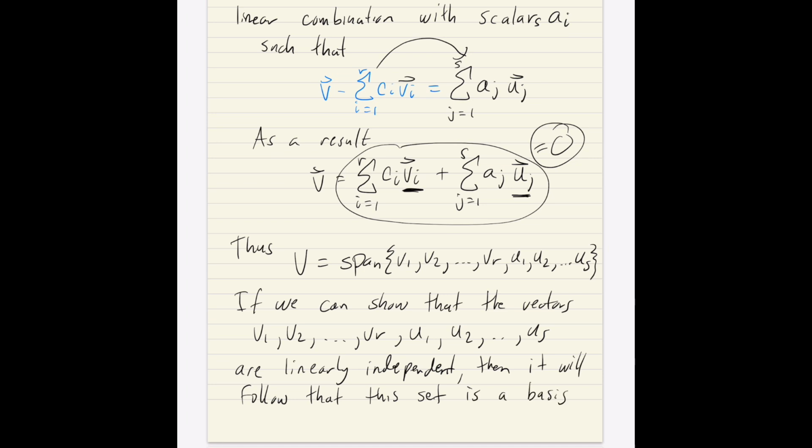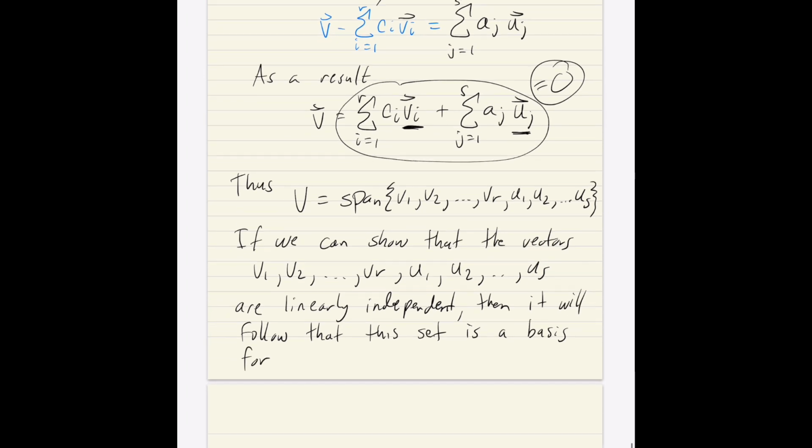And it's a basis for what? It's a basis for the m-dimensional subspace.